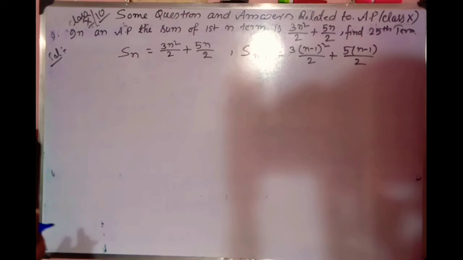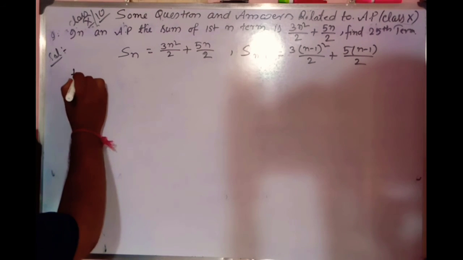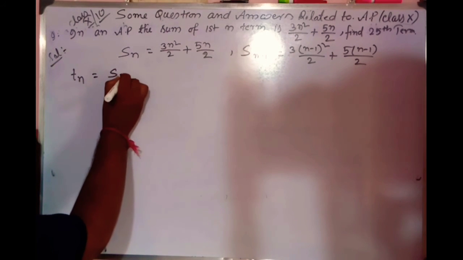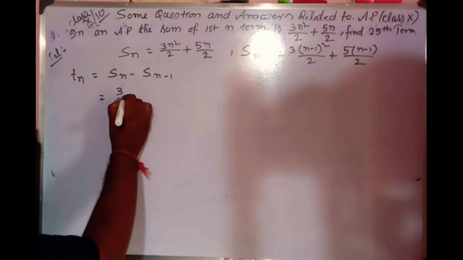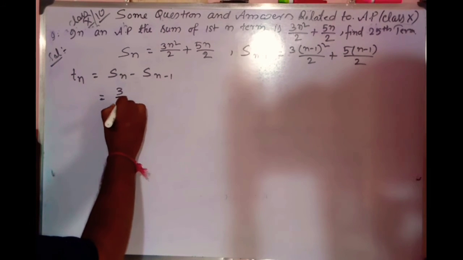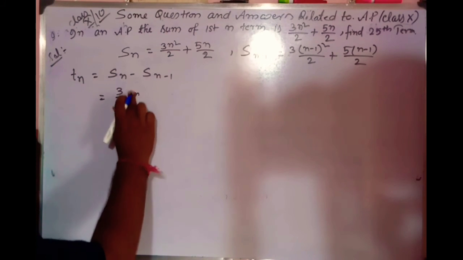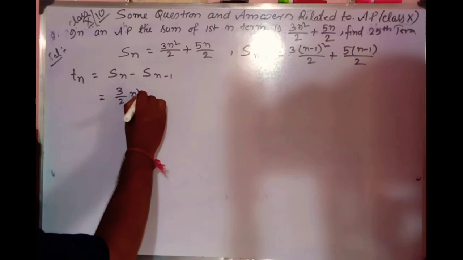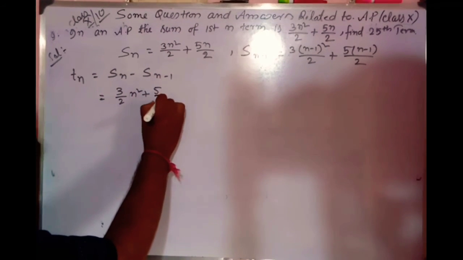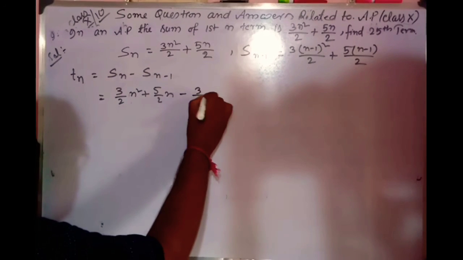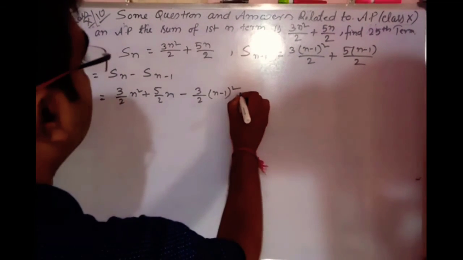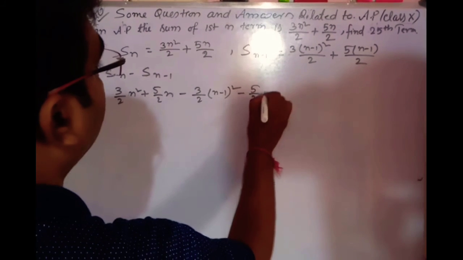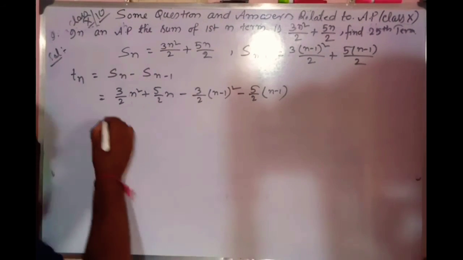Now Tn is equal to Sn minus Sn minus 1. So I'm writing here 3 by 2 into n square plus 5 by 2 into n minus 3 by 2 into n minus 1 square minus 5 by 2 into n minus 1.